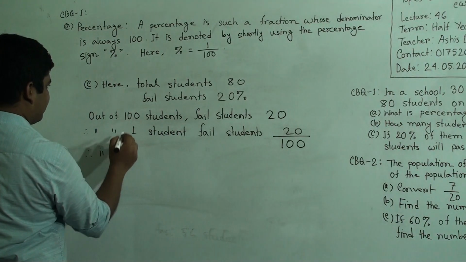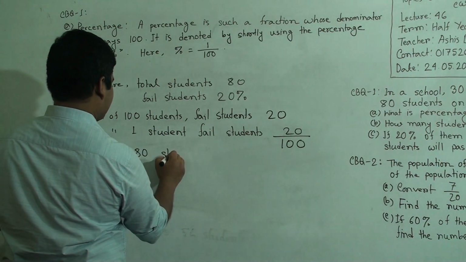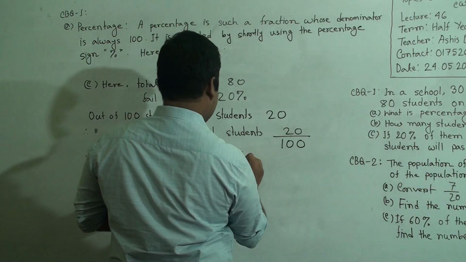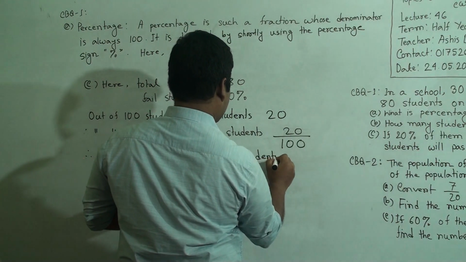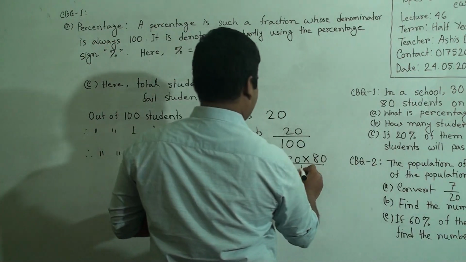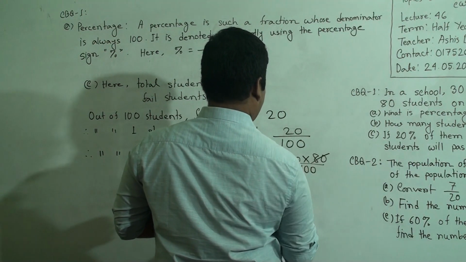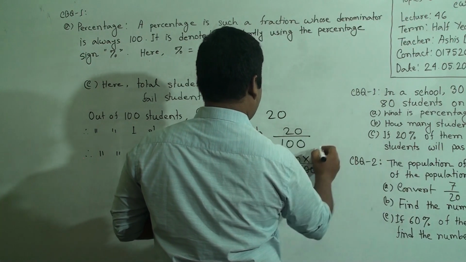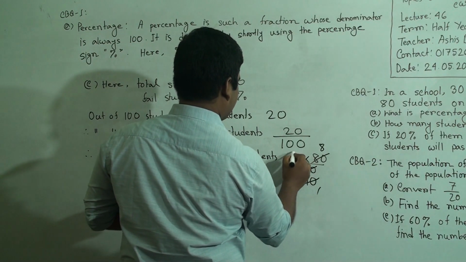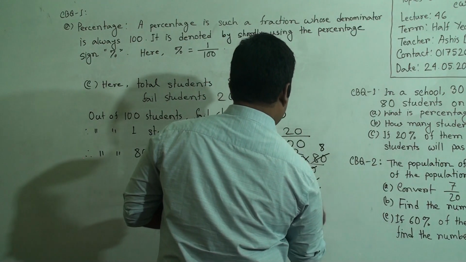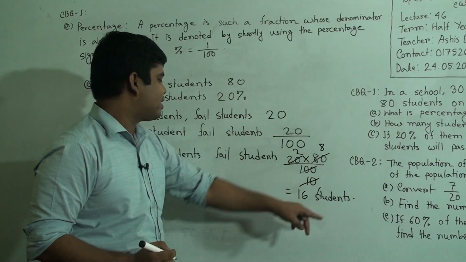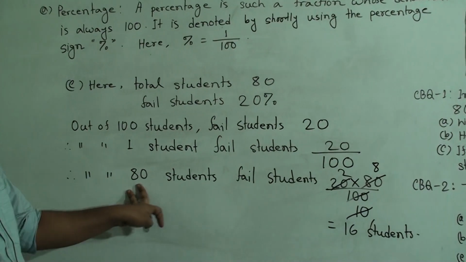Now we find out of 80 students fail students, 20 multiplied by 80 divided by 100. So 80 and 100 are cut by 10 and it is 10. 10 ones are 10 and 10 twos are 20. So 8 twos are 16 students. So 16 students fail from 80 students.